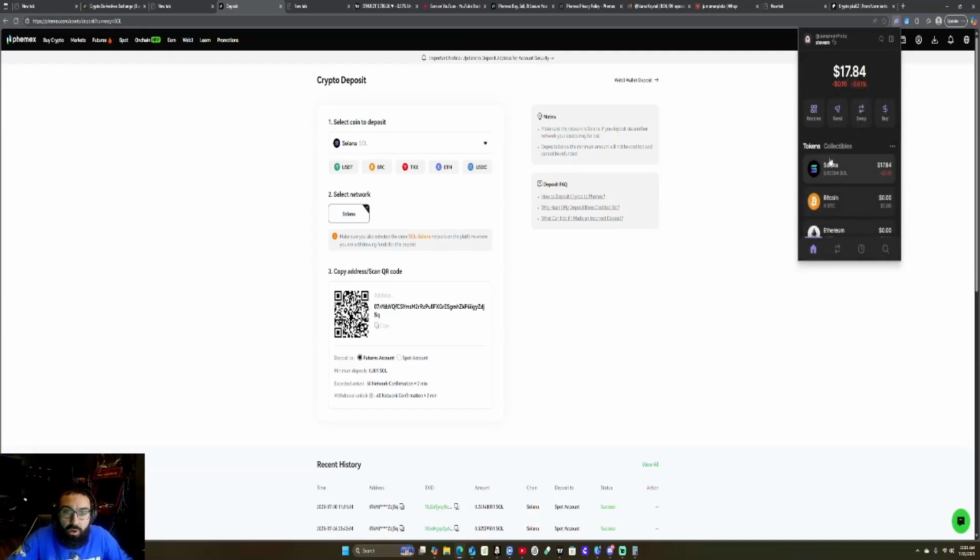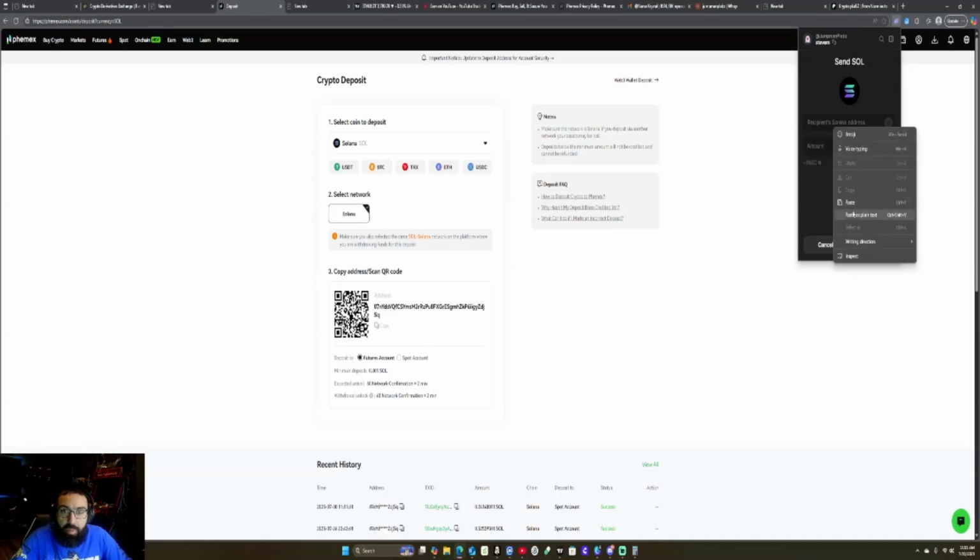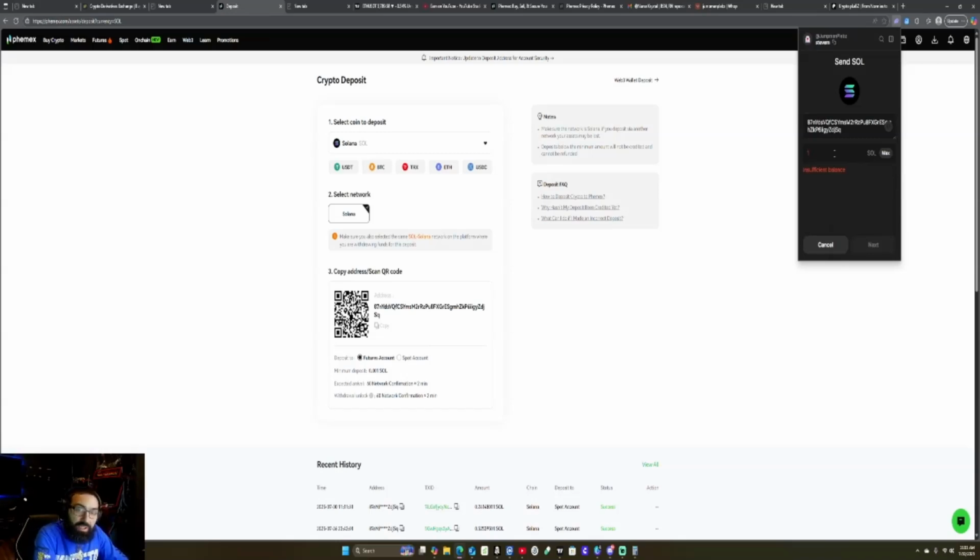Okay, so I have $17 in Solana. I'm going to click the Solana button, then press send and paste the address in here. I always recommend everybody to send $1 whenever you are getting ready to do this for the first time.